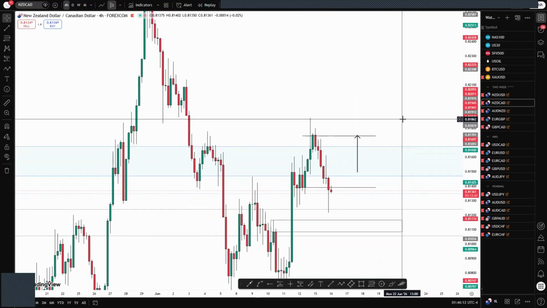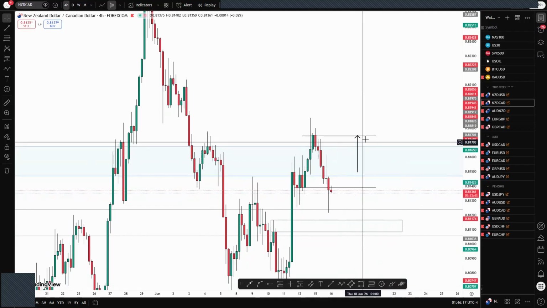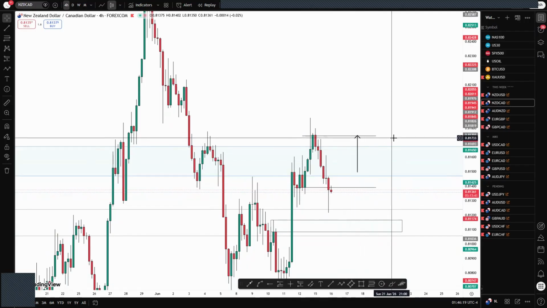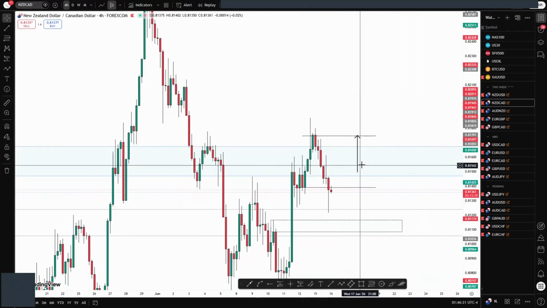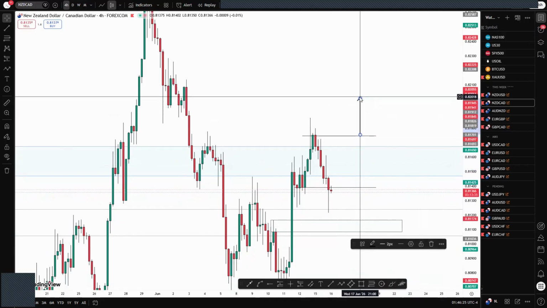All that's left is for us to wait for price to shift back bullish, then we can buy. But for now, we can only buy once we're above this former lower high.